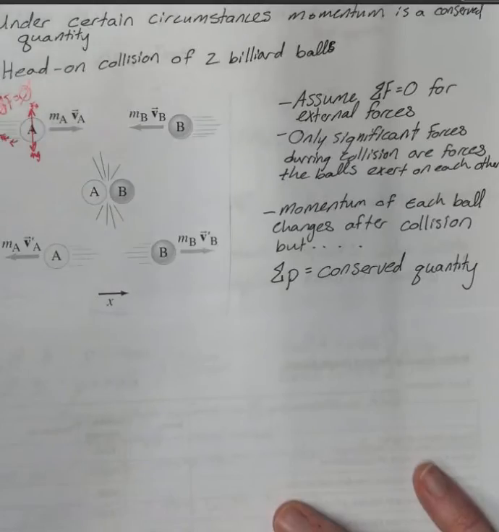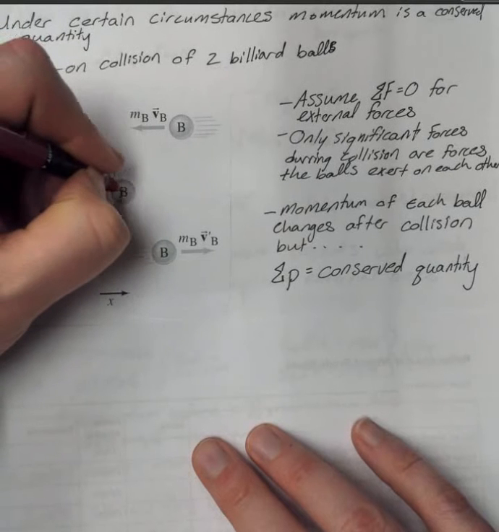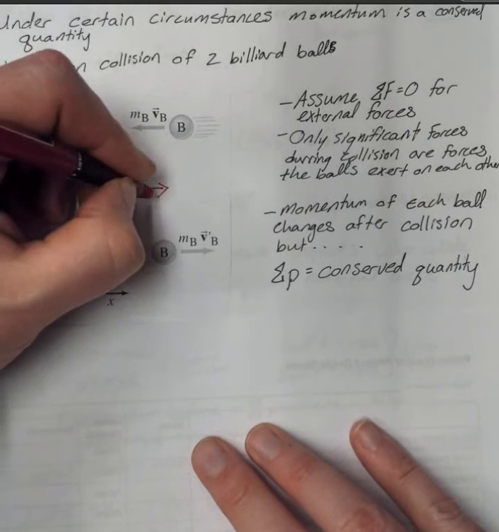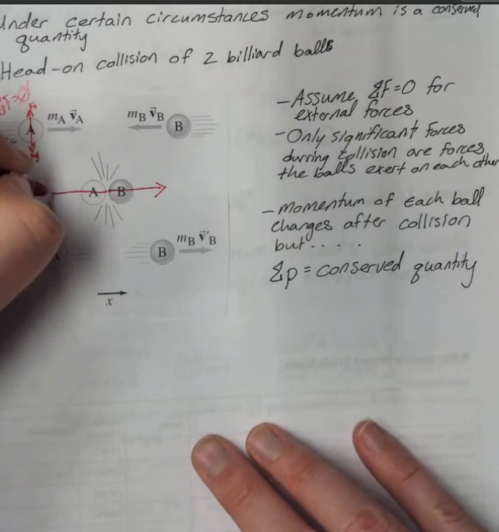That means that the only significant forces during this collision are the forces of the balls exerting a force on each other. So ball A is going to exert a force on ball B in that direction, and ball B is going to exert a force on ball A in that direction.